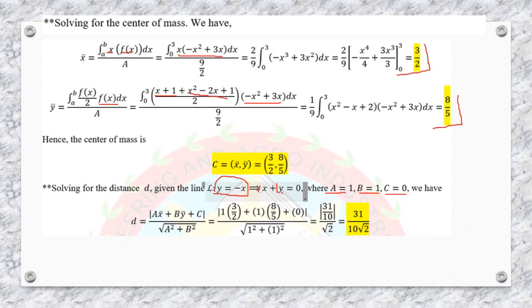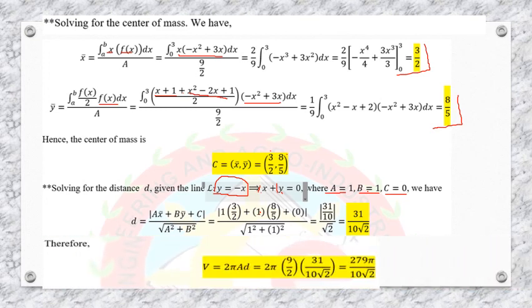So we have 1 times 3 over 2, which comes from the center of mass, and the 1 is from a, and then the 1 here is from b, then 8 over 5 from the center of mass, plus C equals 0. So we get 31 over 10 square root of 2.